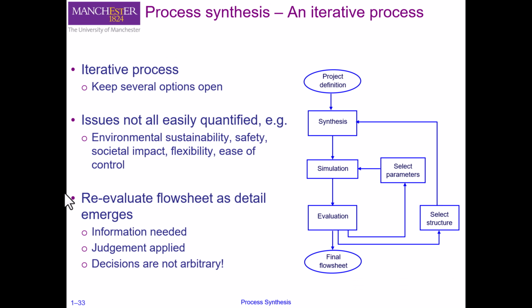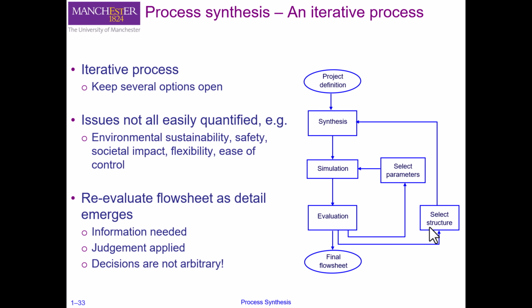Okay, the need to consider several options and to improve operating conditions for a fixed flow sheet lead to the iterative process presented in the diagram here. Okay, here the parameters relate to the process variables such as temperature, pressure, and phase, and these are the design degrees of freedom that, as designers, we are allowed to vary.